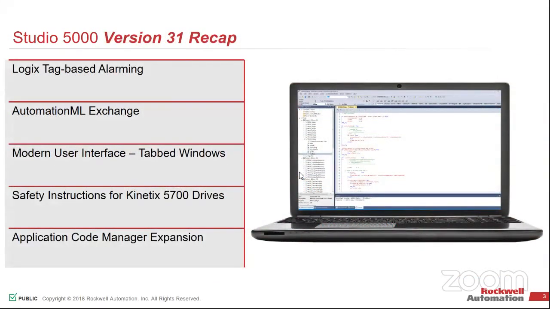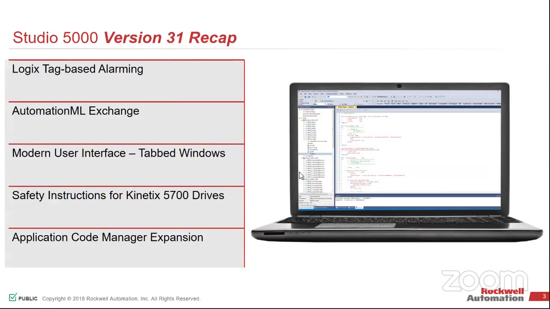Before we start talking about 32, this is a quick version 31 recap. We'll talk about all these topics. Logix tag-based alarming is a big feature that we've added, starting in version 31 with our high performance controllers. That's your 5380 CompactLogix and your 5580 ControlLogix processors.